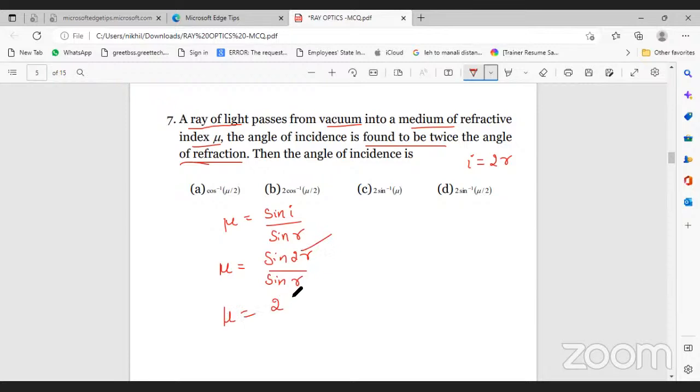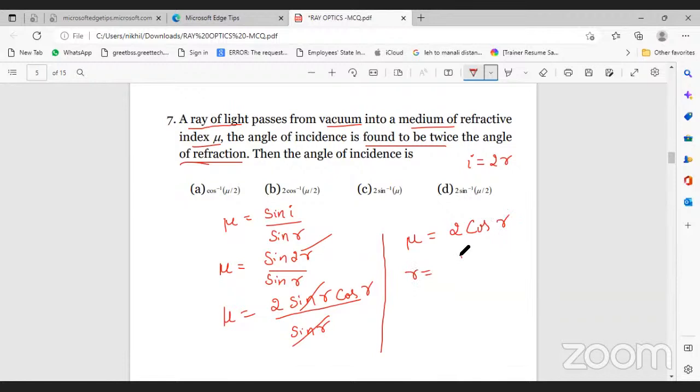Multiples and submultiple angle formula. Sine 2 theta is 2 sine theta cos theta. So what is sine 2r? 2 sine r into cos r. So sine r will get cancelled out. So mu is equal to 2 times cos r.